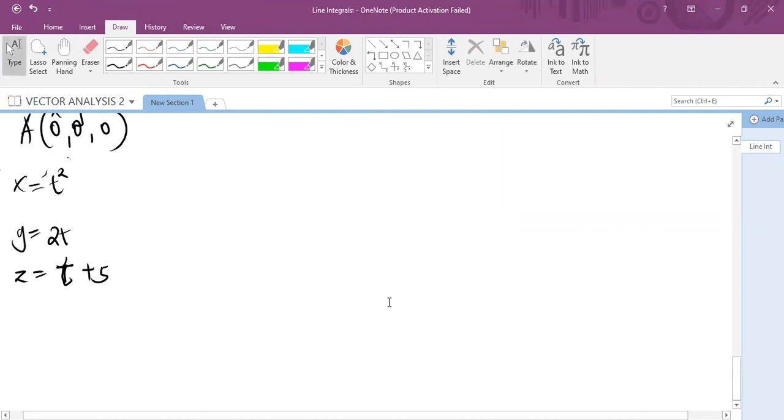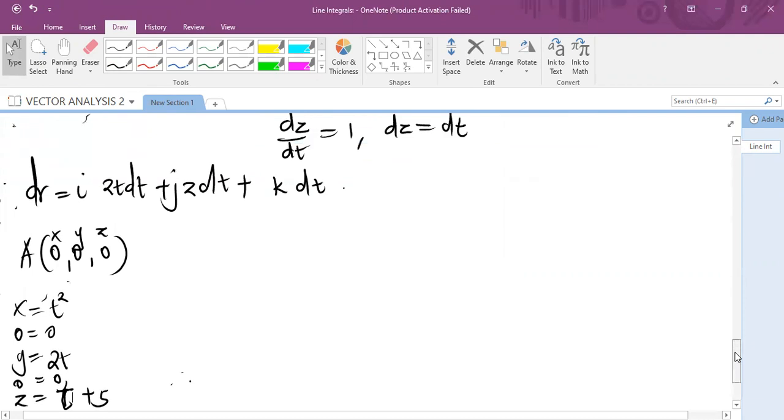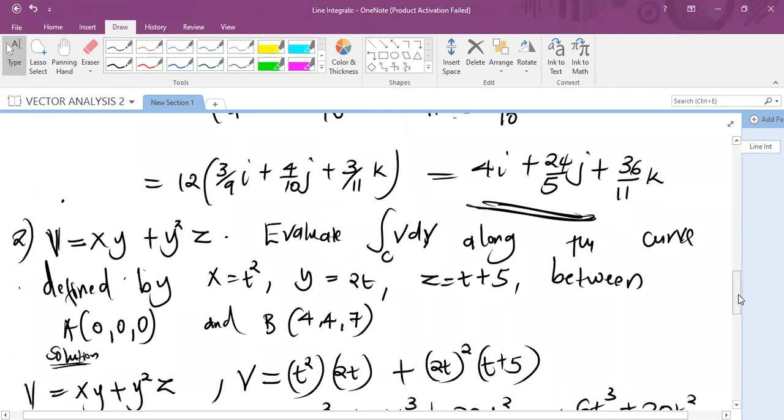Now, when x is equal to 0, if we replace here, t will obviously be 0 as well. When y is 0, t will obviously be 0 if you solve. When z is 0, let's see, the value of A is actually 0, 0, 5, not 0, 0, 0. I wrote that wrongly, so we need to change that.